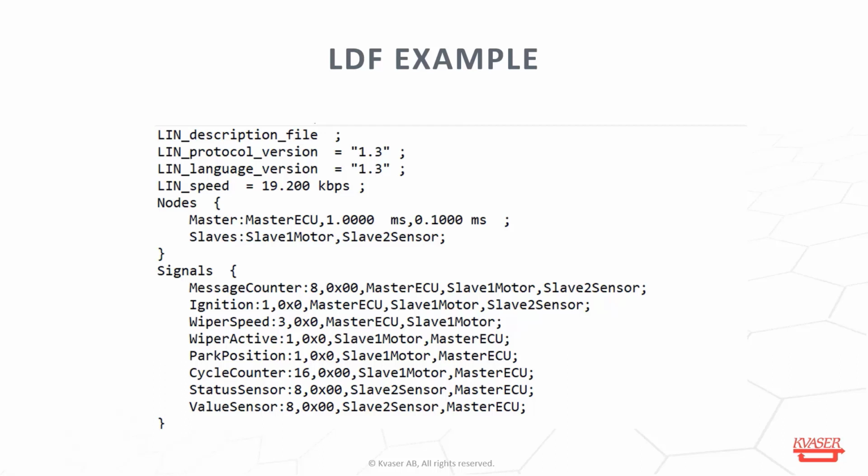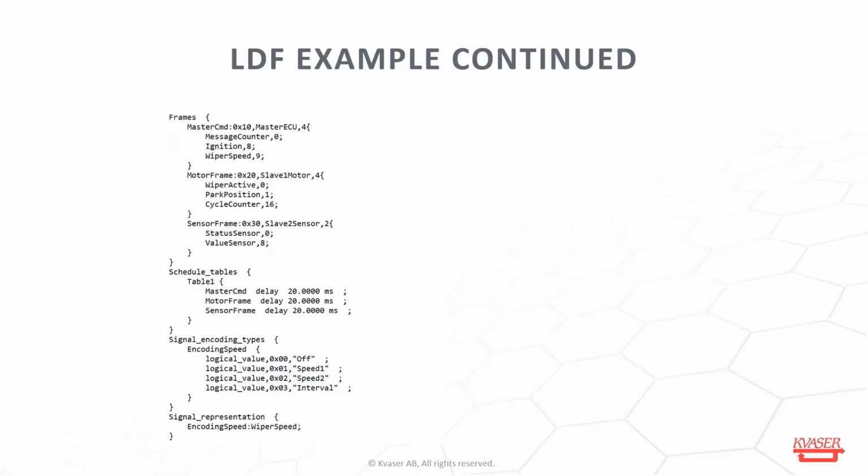It has a description of nodes, signal types, what some of these slave nodes are, and everything is in a specific format. Everything is laid out just like this. You want to go in this order and make sure you have this information in there.